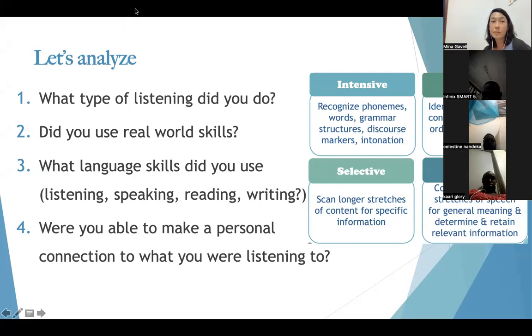And then I was also thinking critically, asking so many questions like what's happening here, why. There was a kind of critical thinking happening during the moment.